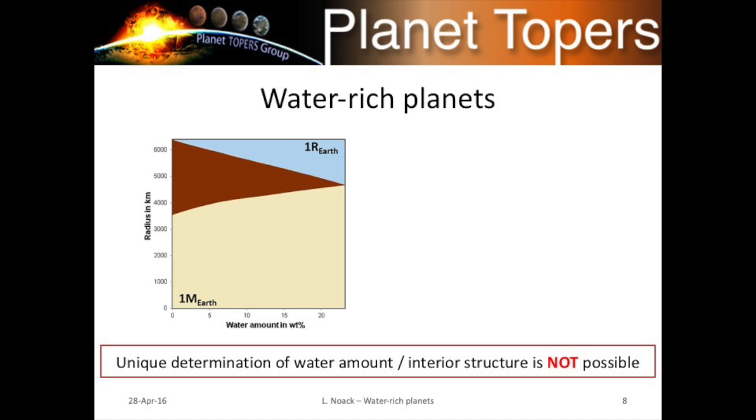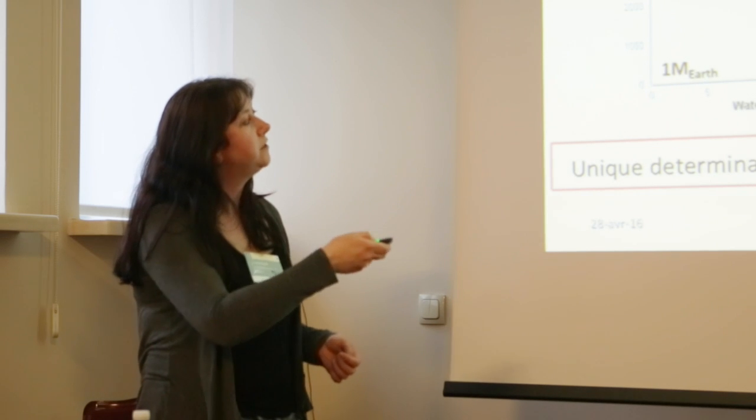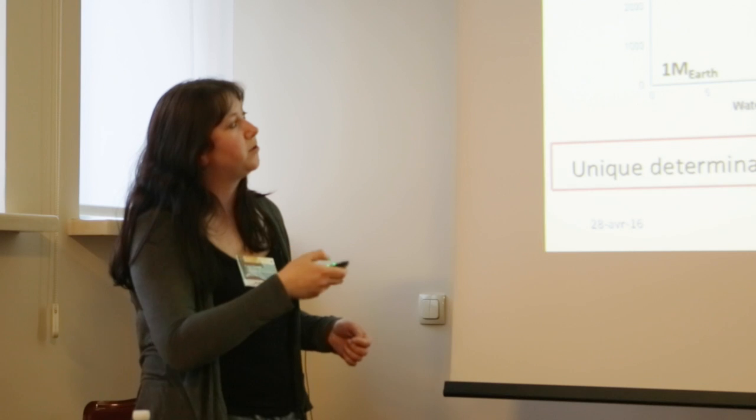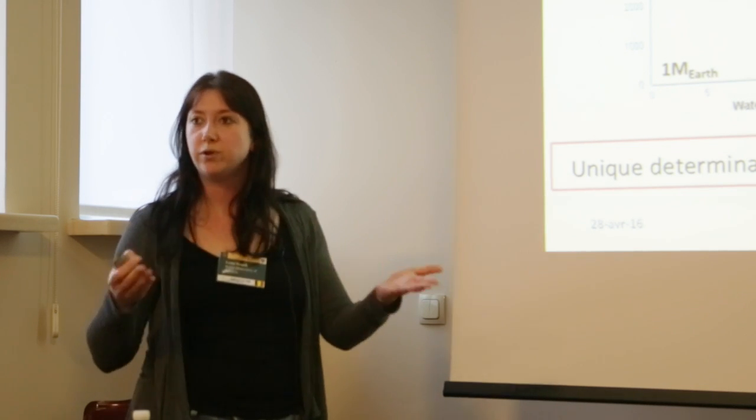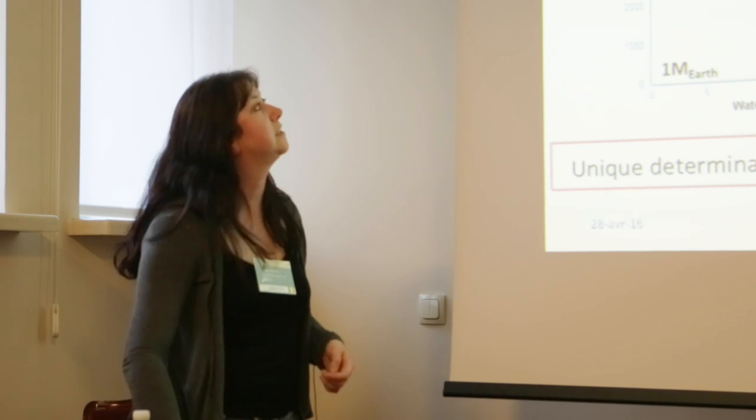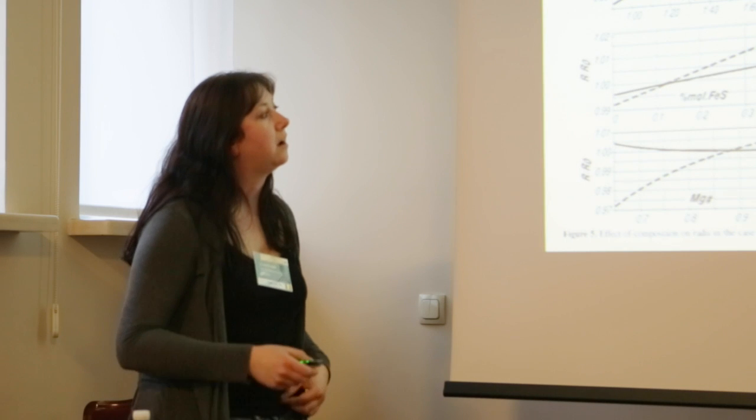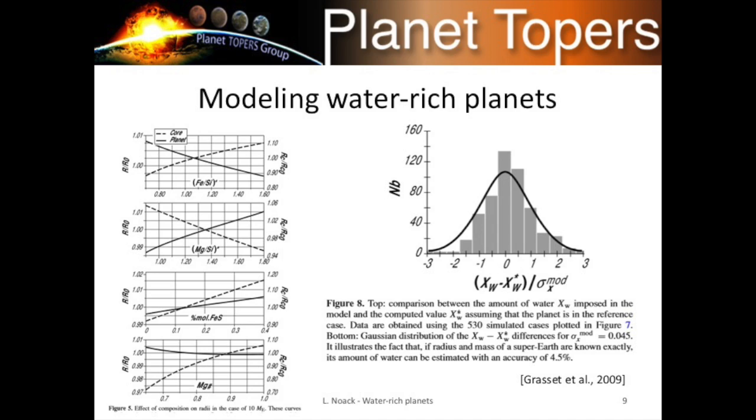So even though I showed before that in principle you can have a very large amount of variation in the water content of the planets to explain a specific mass and radius, with some statistical analysis, as has been done by Grasset et al. in 2009, you can make some probability measurements and find some more likely models for water. But still, it's not possible to directly determine the composition of an exoplanet.